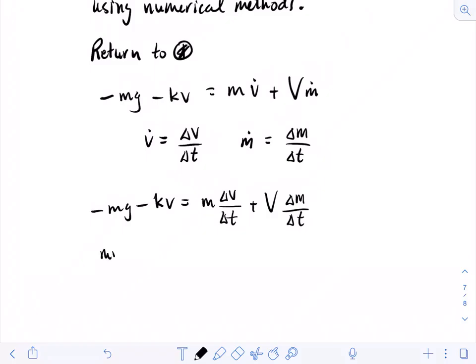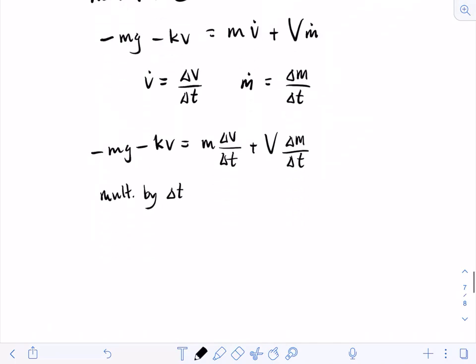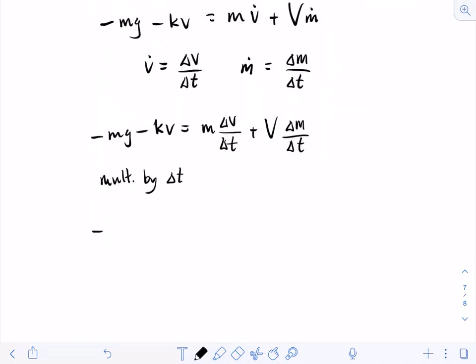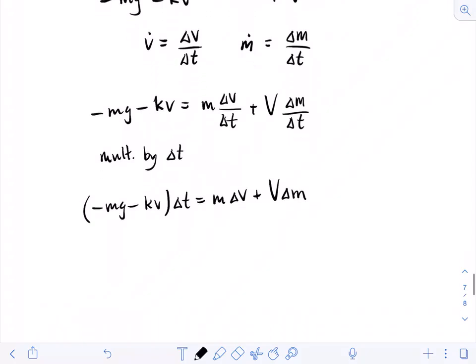Okay, so if we multiply by delta t, then what we end up with is minus mg minus kv delta t is equal to m delta v plus v delta m. One of the things that we assumed is that the burn rate of the fuel was a constant.